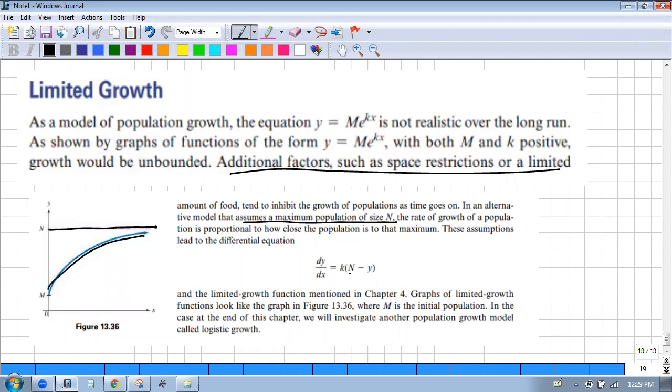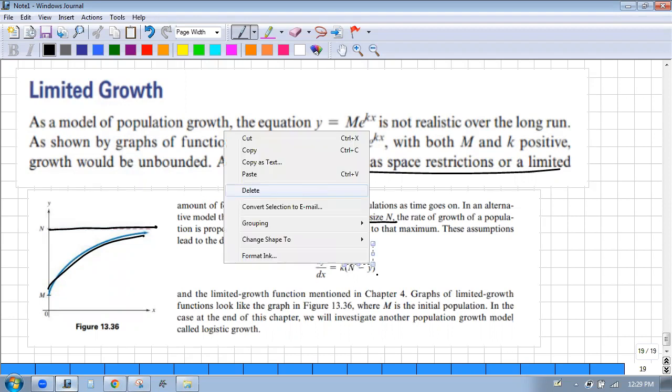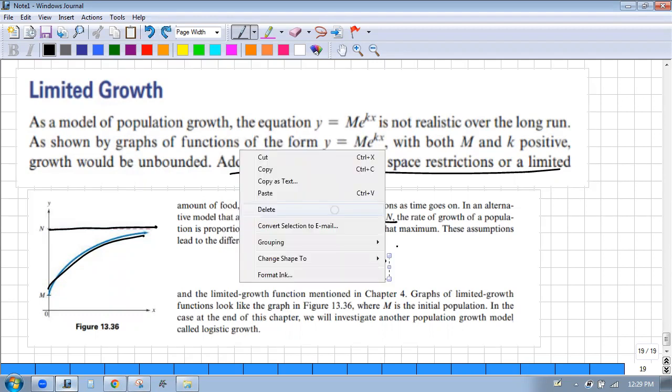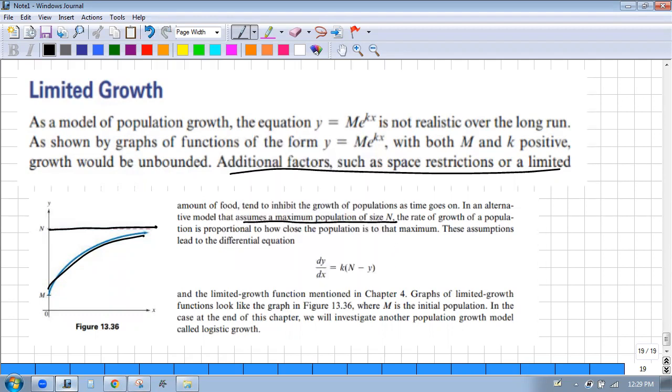So what you do, instead of just doing ky here, you do N minus y, right? So you can see that if y is N, this is 0, so the change in population would be 0 whenever y is equal to N, right? y equals N tells us that the change is going to be 0.